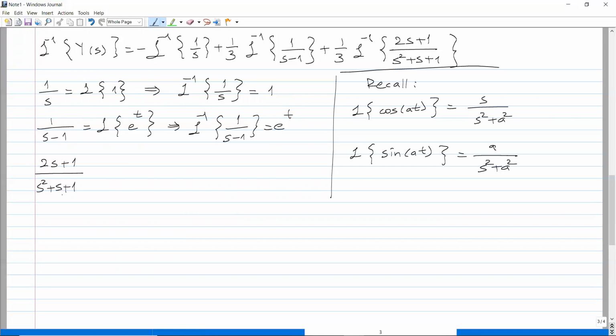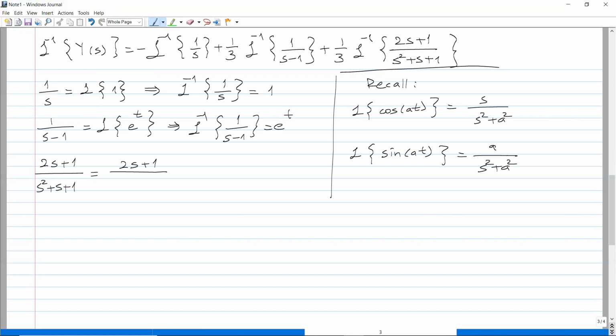But we have this term s. So what we are going to have is a translation. We try to complete this to a square. Again, think about this as integration. If you have this rational function, and you're trying to integrate it, when you cannot factor it out, s squared plus s plus 1, we cannot factor it out any further, we try to complete it to a square.